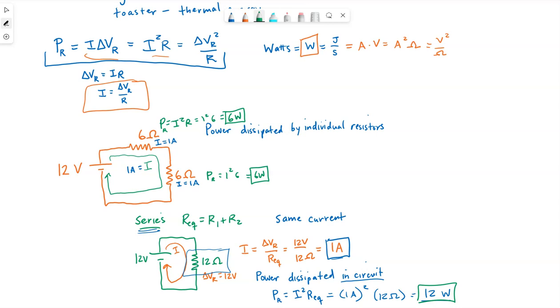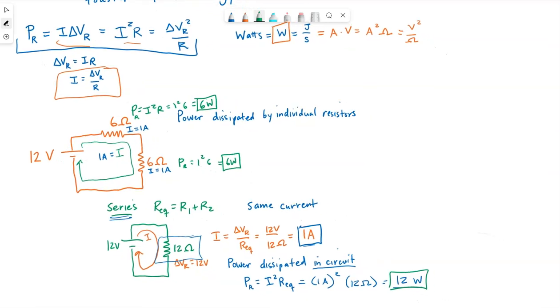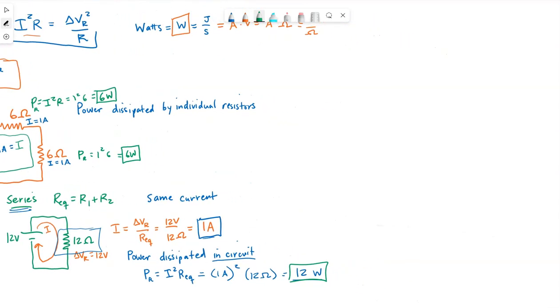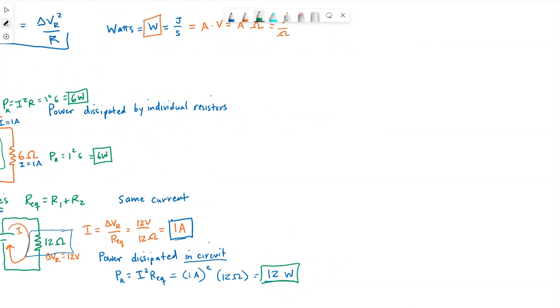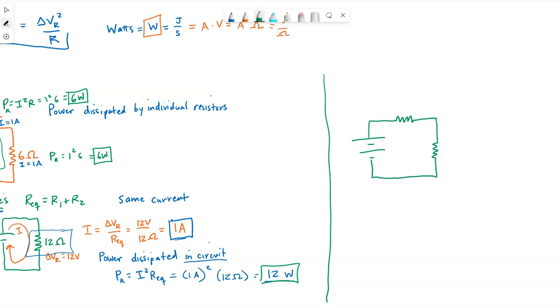But if they were not the same, let me slide this to the side a little bit, and let's make a circuit that is similar. I'm not sure why I'm drawing 2 lines for the battery instead of just 1. Still just means the battery.